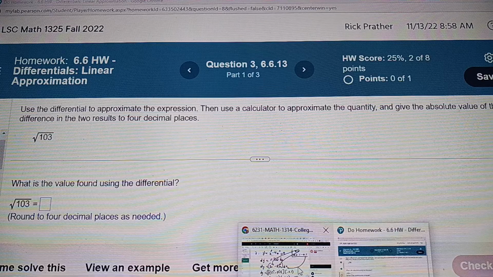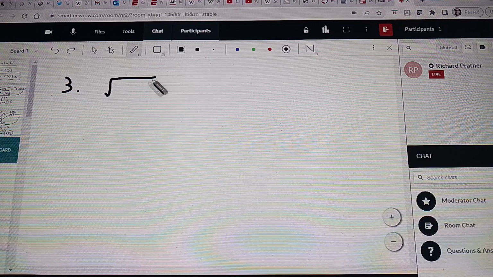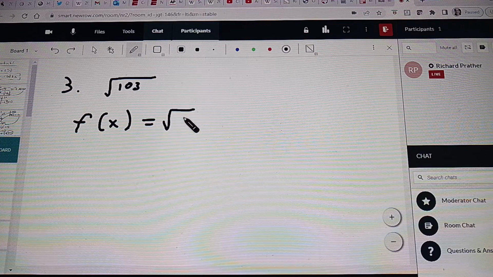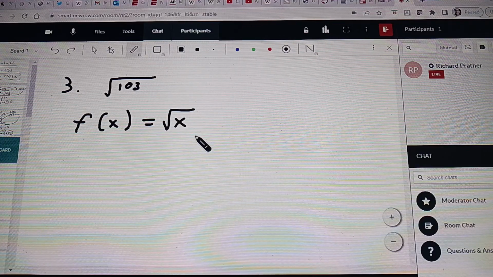So square root of 103. I would like to do square root of 103 without a calculator. Well, that's like saying that the function is square root of x. I have a general function of square root of x, and then we can write that as x to the 1/2 because we're going to end up doing a derivative of it in a second.